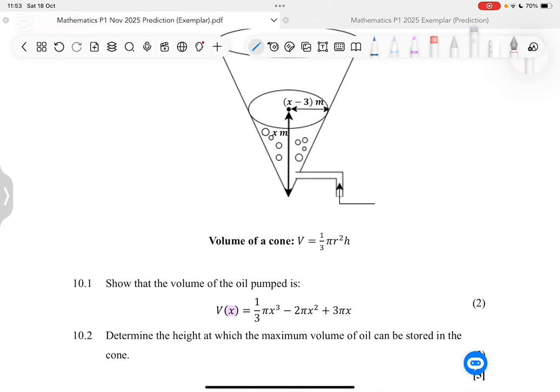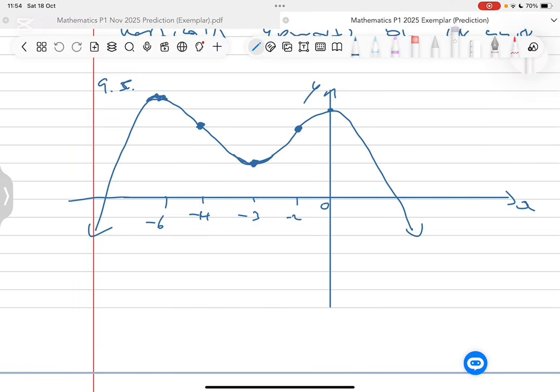X is the independent variable and the volume is the dependent variable. So as we put different values of x here, we'll get different values of the volume, which is the y-axis if you look at it as a function. Now, to do this, we're simply going to use this formula to come up with this formula, because this is the formula of the volume, really.